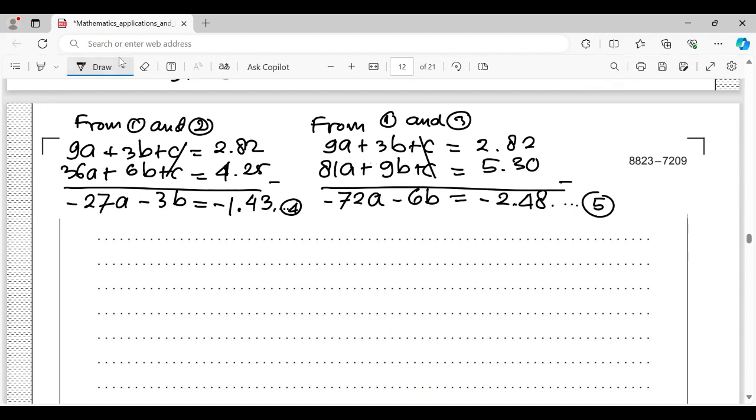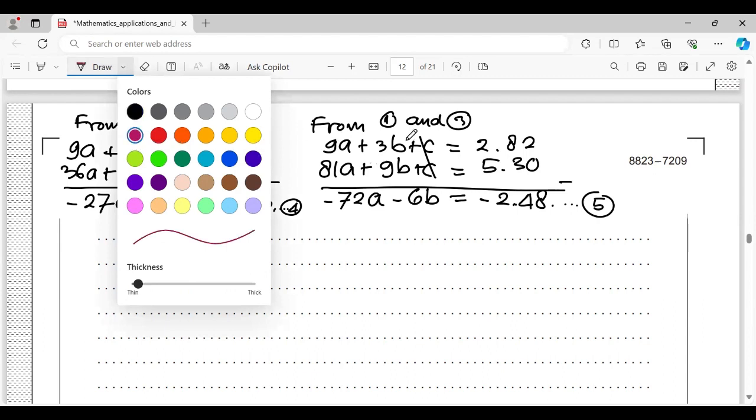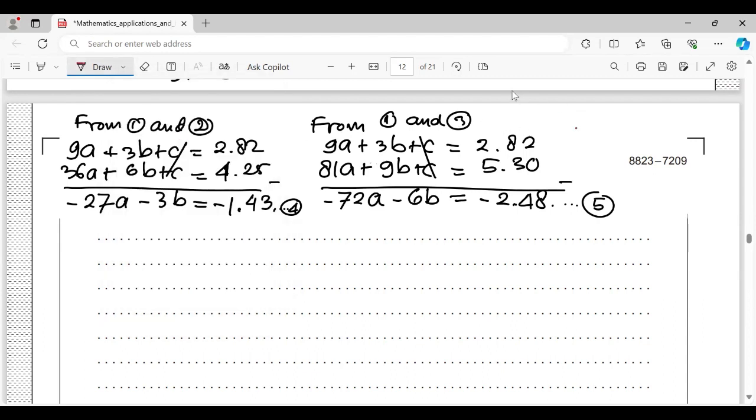Next, from 4 and 5: minus 27a minus 3b equals minus 1.43, and minus 72a minus 6b equals minus 2.48.